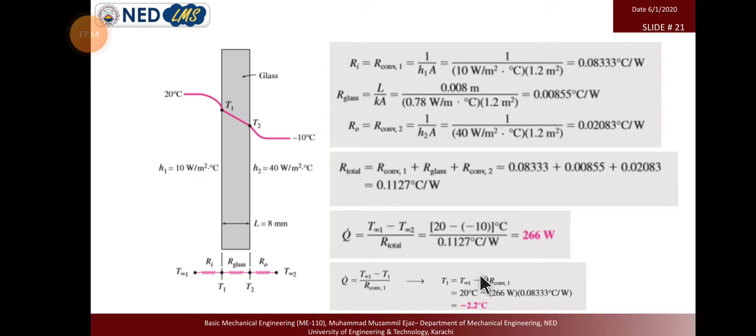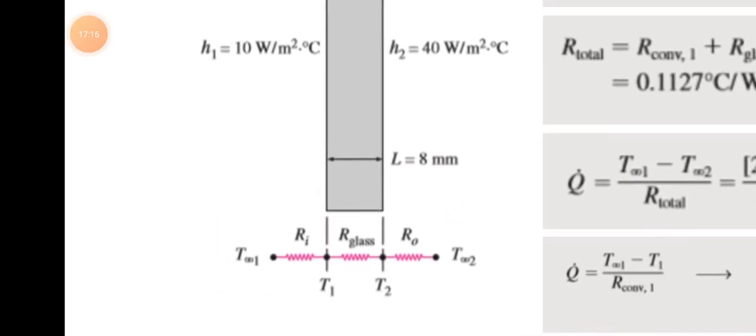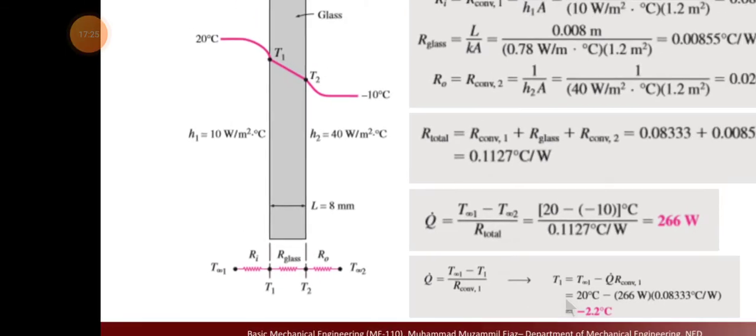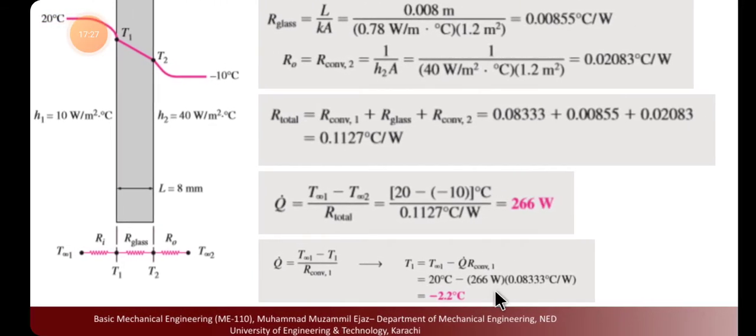We apply the formula Q is equal to the inside room temperature minus T1 divided by the resistance of convection. We know the resistance of convection.